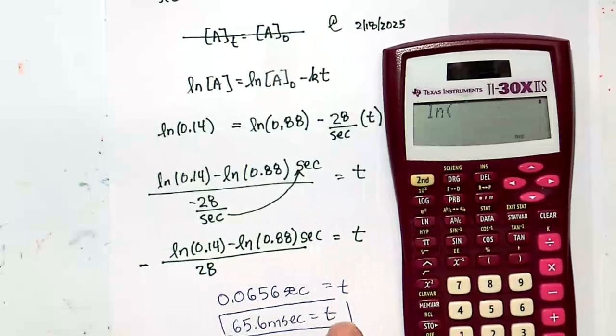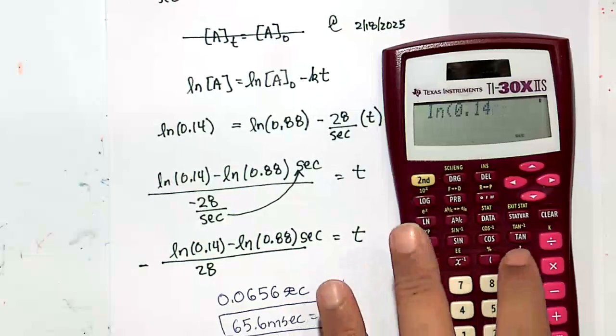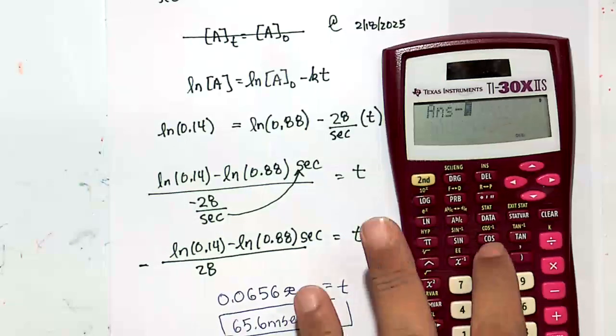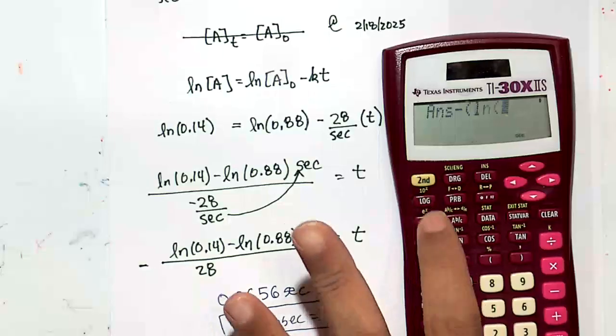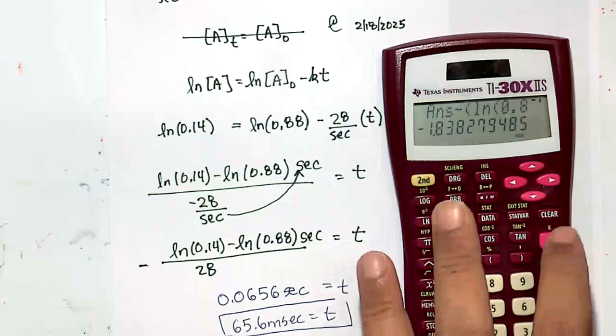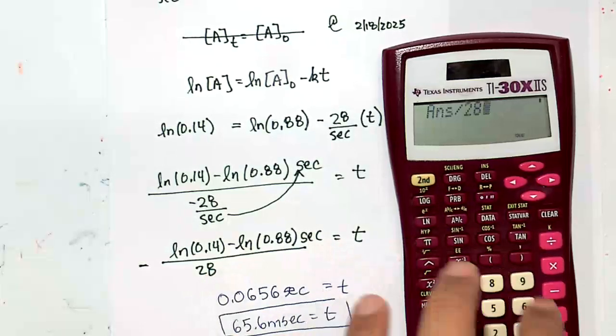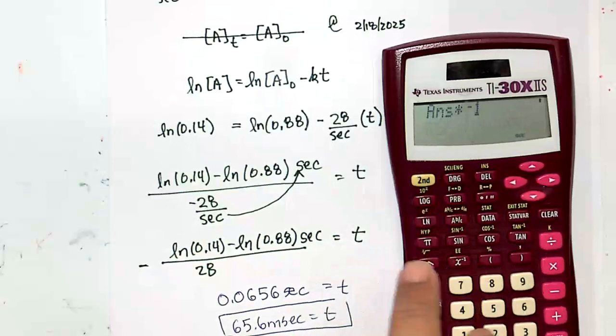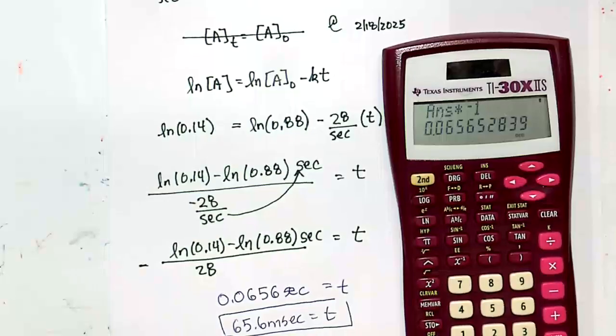Okay, let me do this again. Natural log 0.14 minus natural log of 0.88, divided by 28. Okay, yeah. 65.6 milliseconds, or 0.0656 seconds.